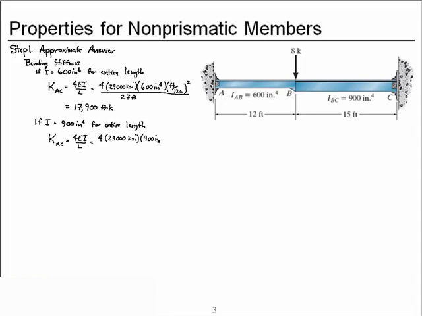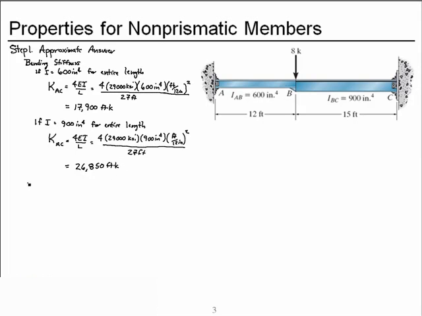So with 900 inches to the 4th, we still have our unit conversion, still 27 feet long. Then the bending stiffness becomes 26,850 foot kips. Well, reality is somewhere between. Part of the beam has the smaller moment of inertia, part of the beam has the larger moment of inertia. So when we're all done, we'll expect our answer for the bending stiffness, K, to be somewhere between these two extremes.